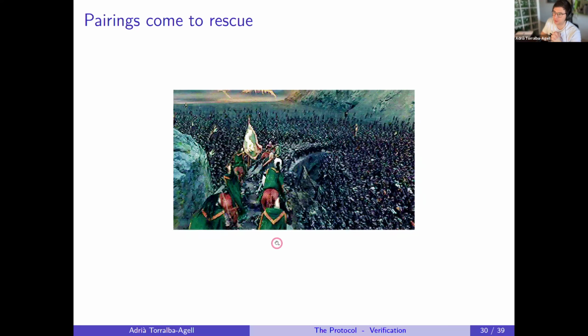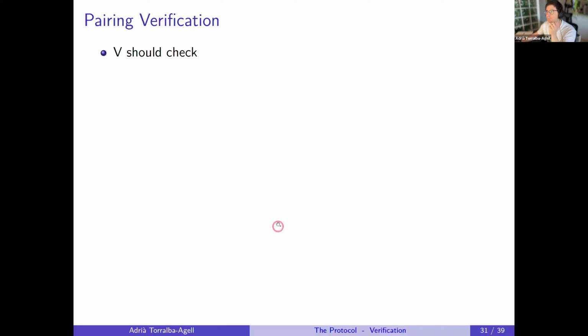In the pairing verification, the verifier should check this thing here. And why this thing here? Because this is a convenient way to check this verification by doing only three pairings: this pairing here, this pairing here, this pairing here, and a multiplication.